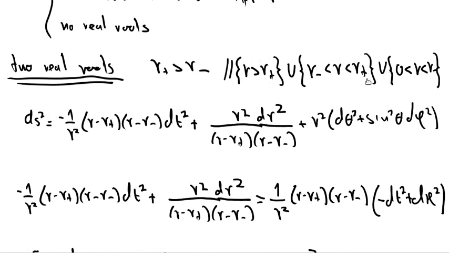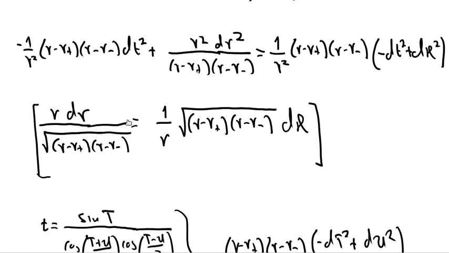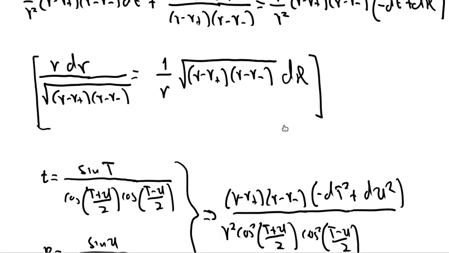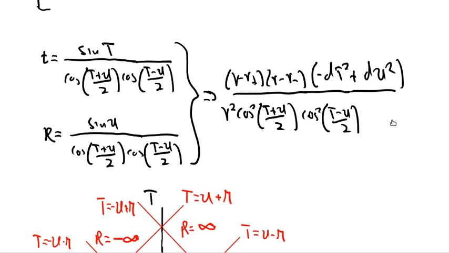Again, remember that in Schwarzschild we just have 2 regions. Now we have 3, but the procedure is pretty similar. We have to integrate this relation and then study the qualitative behavior of the function which we are going to obtain from the integral.